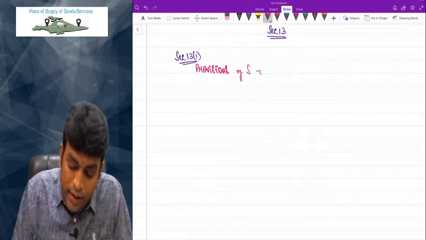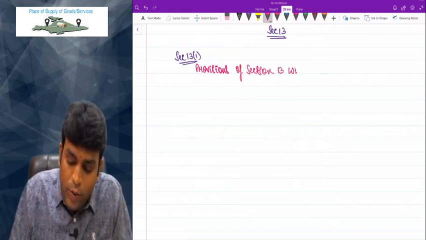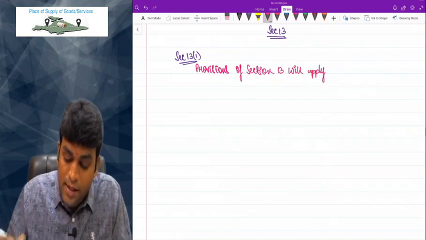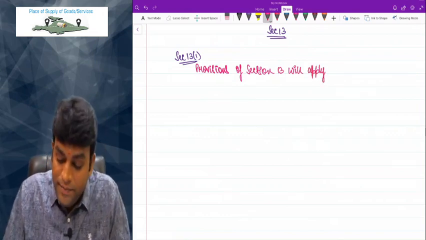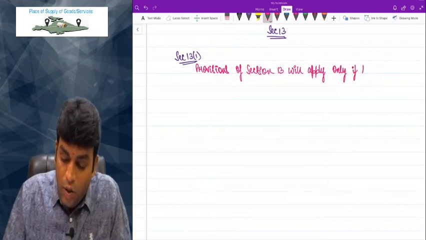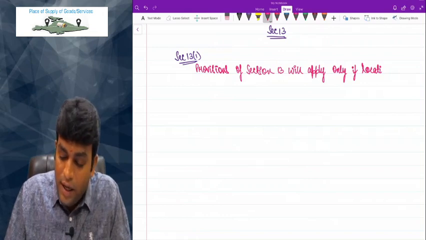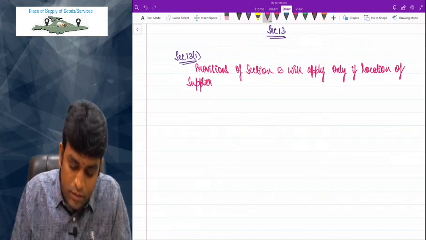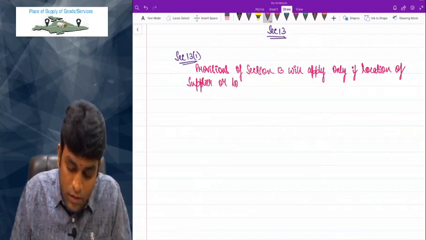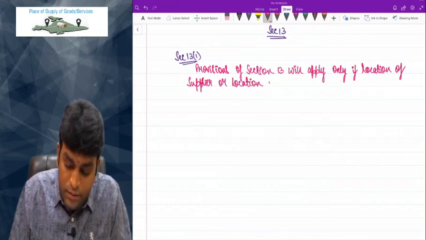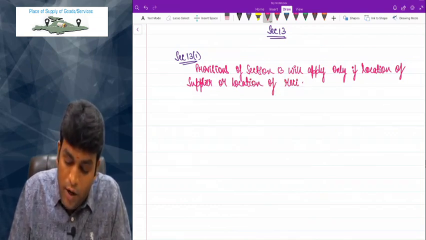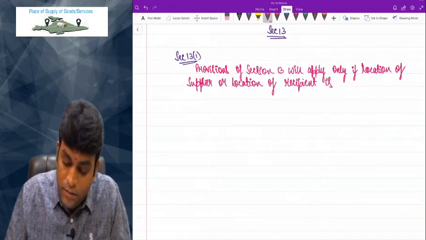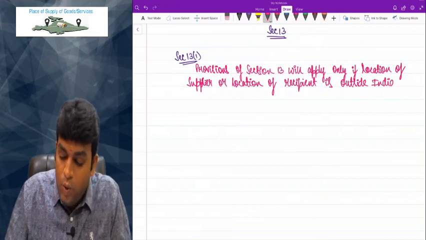provisions of section 13, same like 12.1 only, but here it says provisions of section 13 will apply only if location of supplier or location of recipient is outside India.